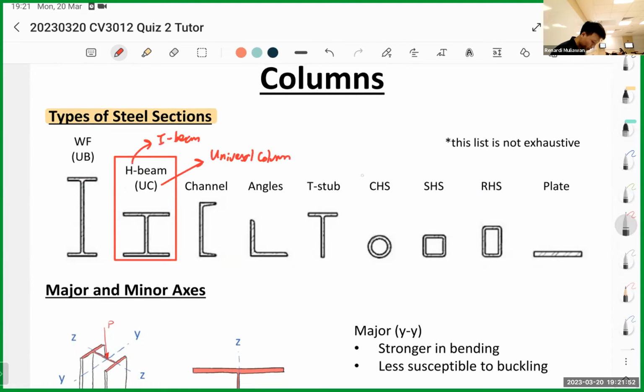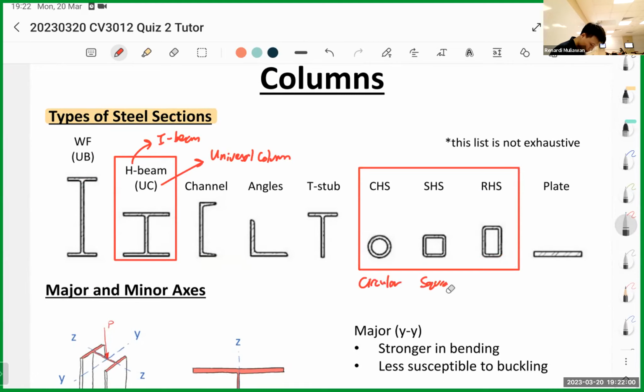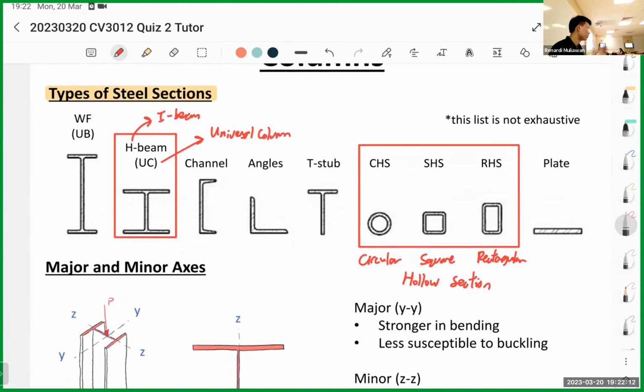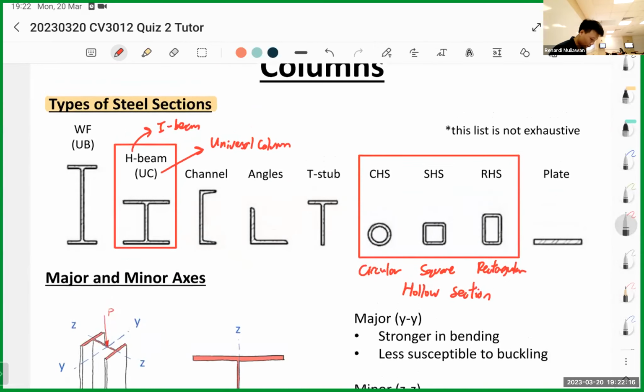And then CHS, SHS, RHS: circular hollow section, square hollow section, and rectangular hollow section. For columns, it's these four.